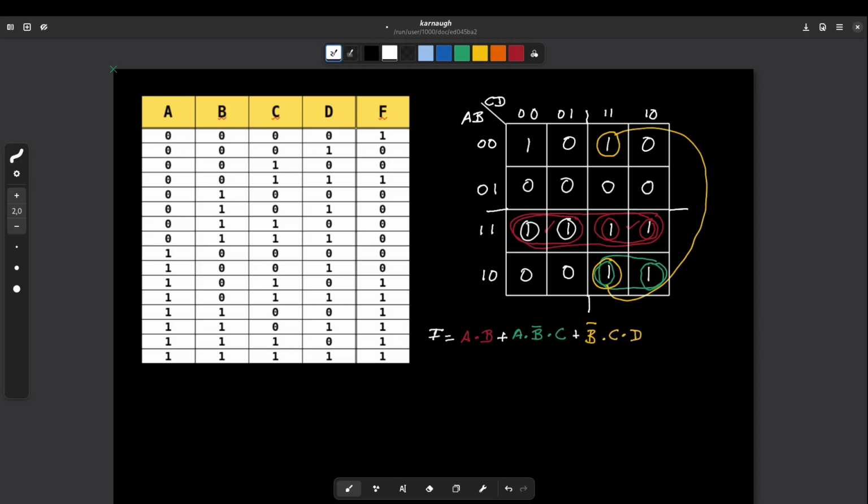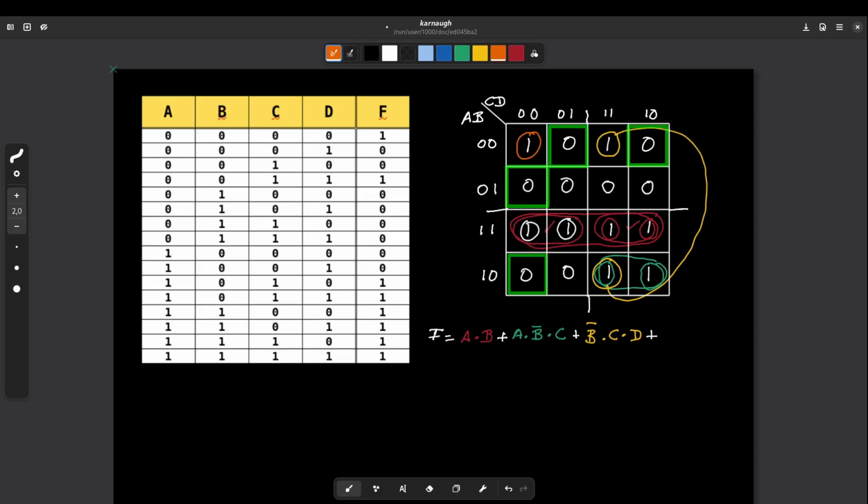And the remaining term will be this one. The only way to group this with another term in order to minimize it will be a term next to this here, for example, a term here which will be logically adjacent, or a one here, here, here, or here.